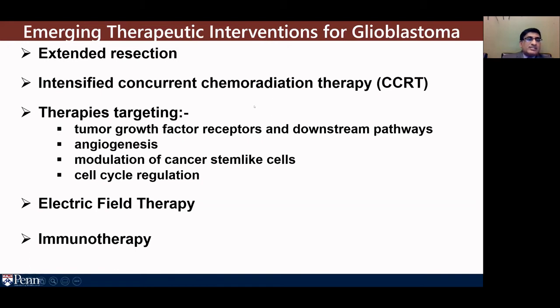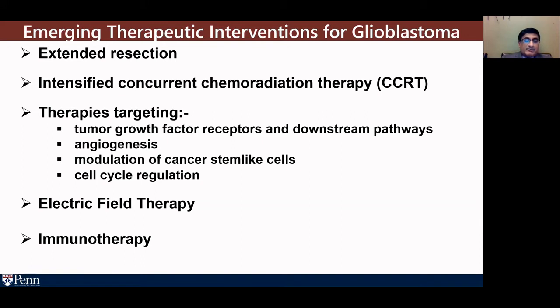One of them is extended resection. Complete resection of the tumor sometimes may not be possible, especially if the tumor is located in an eloquent location, a location which is very important for normal function.